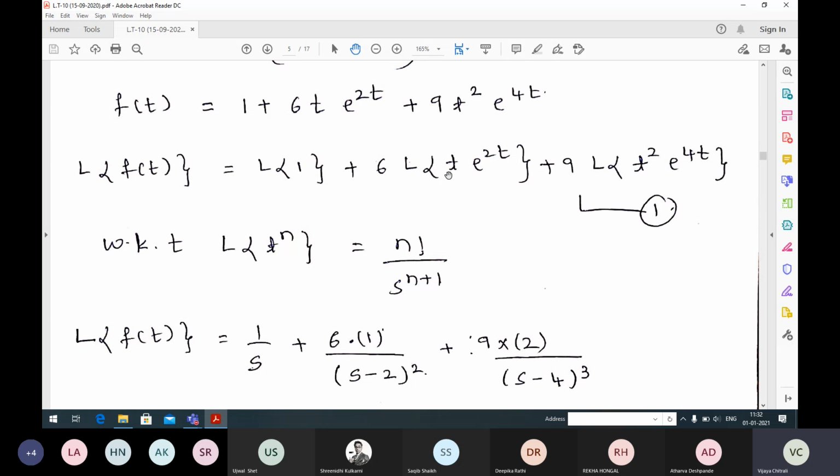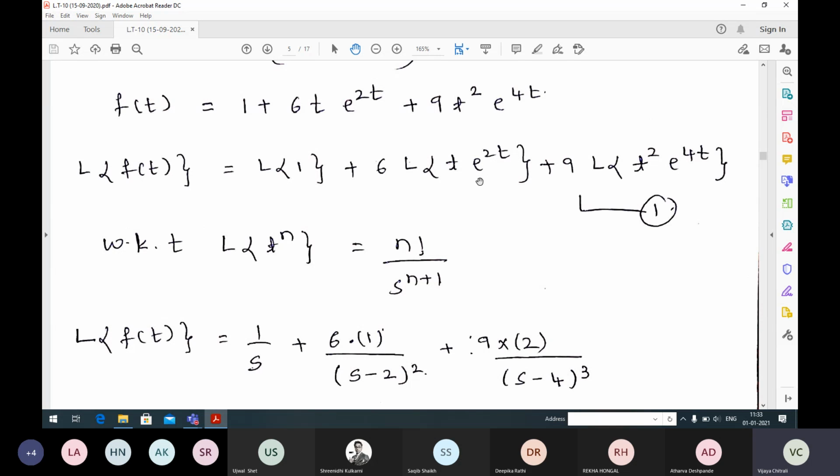Then what is the Laplace transform of t? 1 factorial divided by s raised to 1 plus 1, which is 2. So you will get the Laplace transform of t as 1 divided by s raised to 2, and the Laplace transform of t square will be 2 divided by s raised to 2 plus 1, that is, s raised to 3, multiplied by e raised to 2t and e raised to 4t.